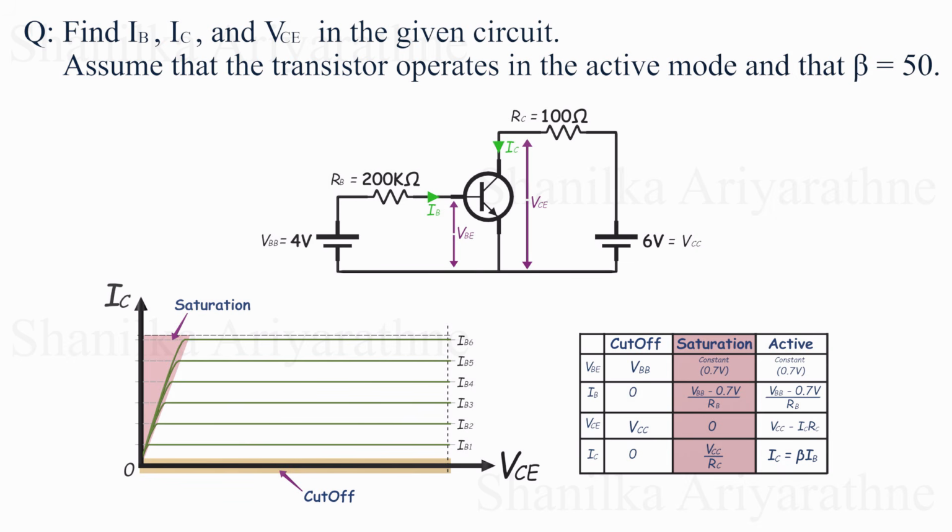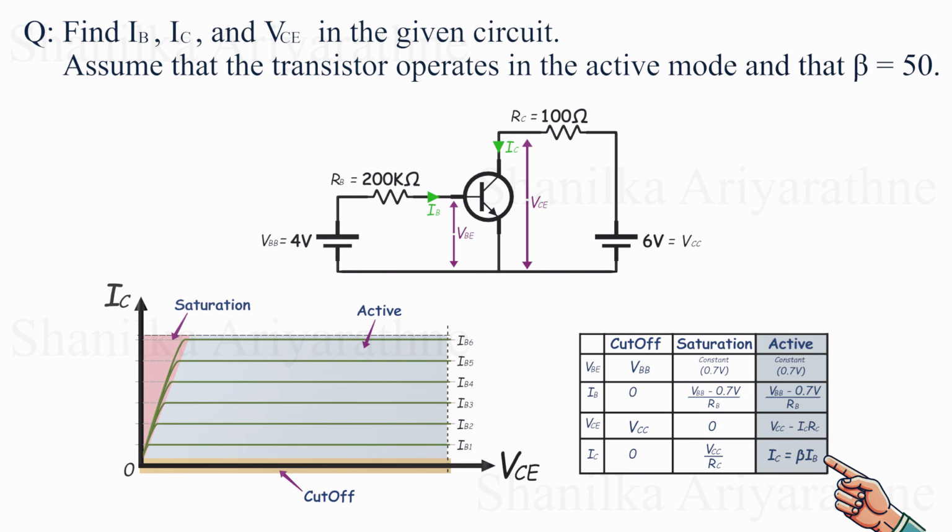Finally, there's the active region, and this is the mode we're dealing with in our problem. In the active region, the transistor acts as an amplifier. Both VCE and IC are non-zero, and VBE stays constant at about 0.7 volts. The base current IB can be calculated using Ohm's law across the base resistor. But here's the cool part. The collector current IC isn't just random. It's determined by the base current and the transistor's gain.